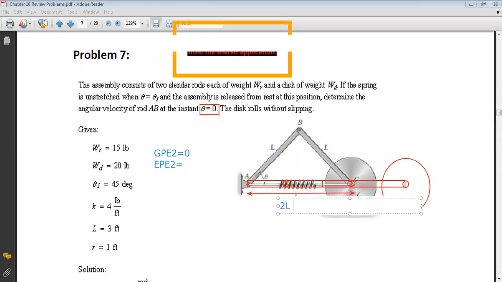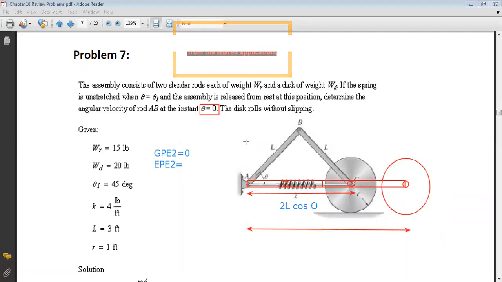Very good. And now at state 2, what will be the total length of my spring? It will be 2L, because theta becomes equal to 0 and cosine 0 is 1. So the distance becomes equal to 2 times L.